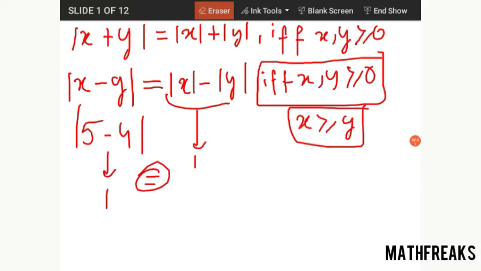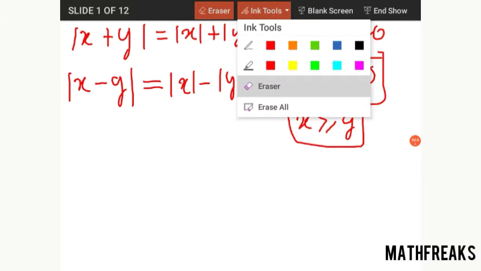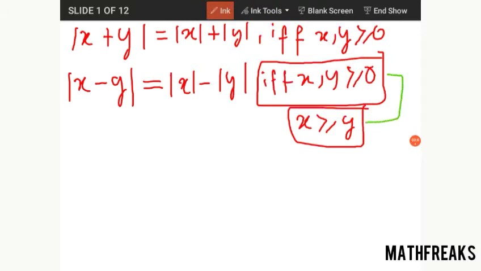And for the second one, that is mod of x minus y equal to mod of x minus mod of y, if these two conditions are satisfied. So it is very important to understand the conditions and why we have applied them.